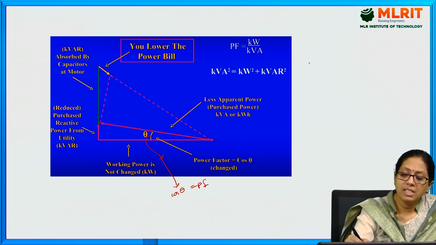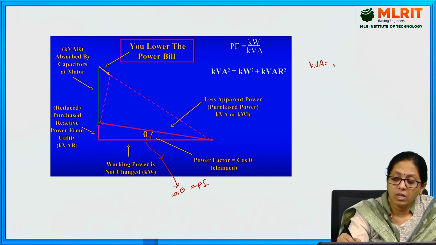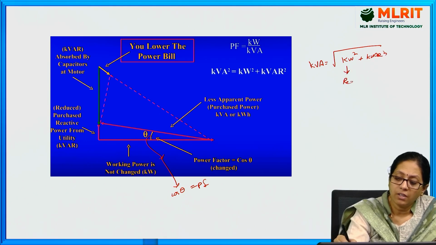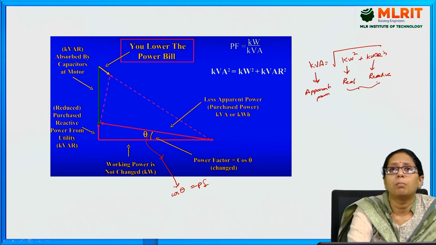Here you can see KVA, that is apparent power, is equal to the square root of kilowatt squared plus KVAR squared. This is the real power, this is the reactive power, and this is the apparent power, that is the combination of real as well as reactive power.